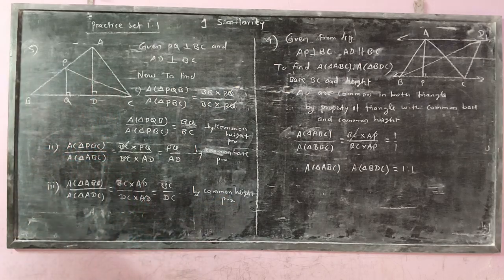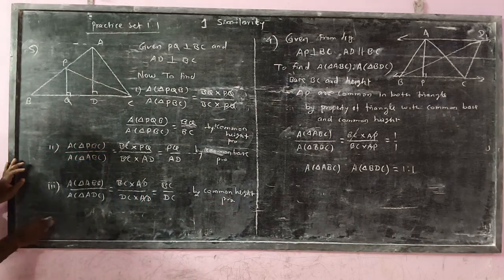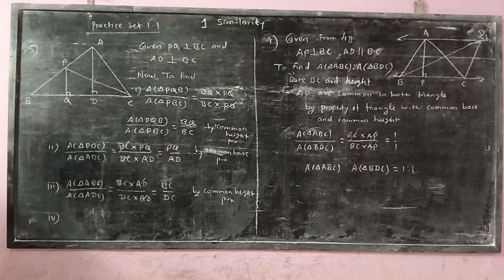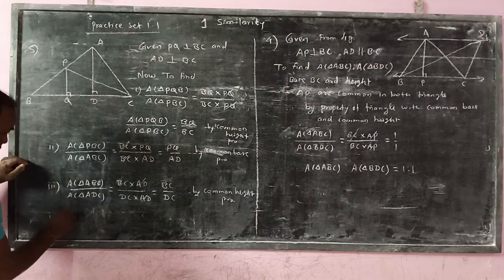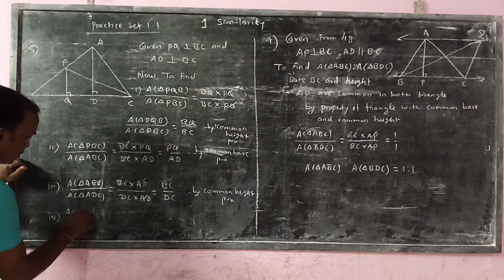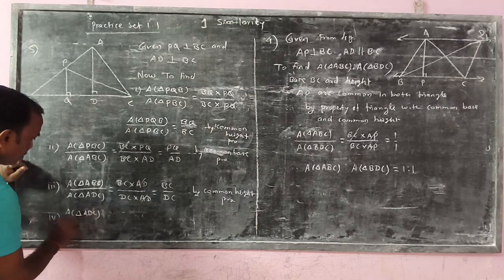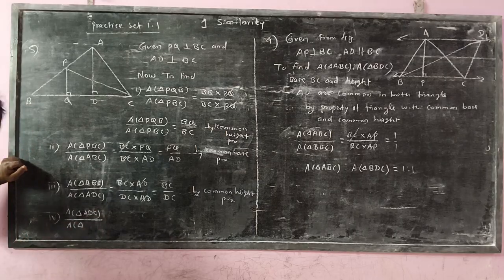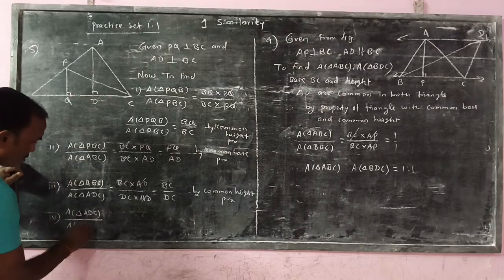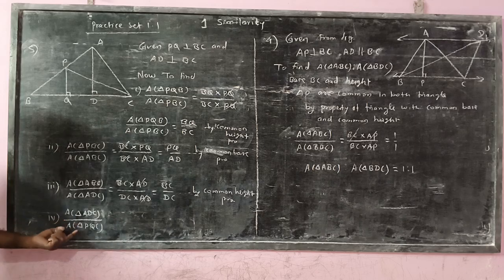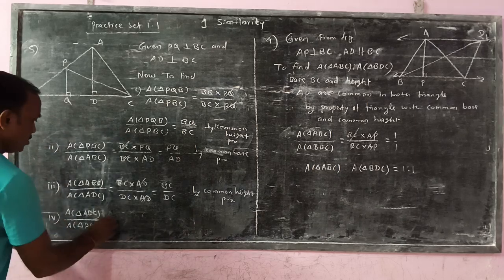Now, the last problem also says area of triangle ADC upon area of triangle PQC. To find the ratio of area of triangle ADC and area of triangle PQC.